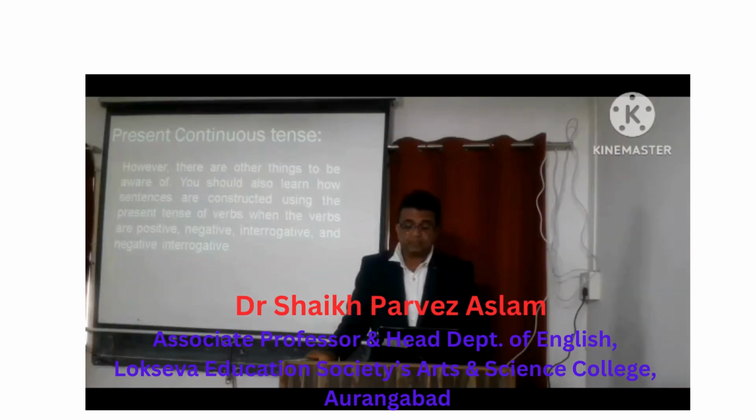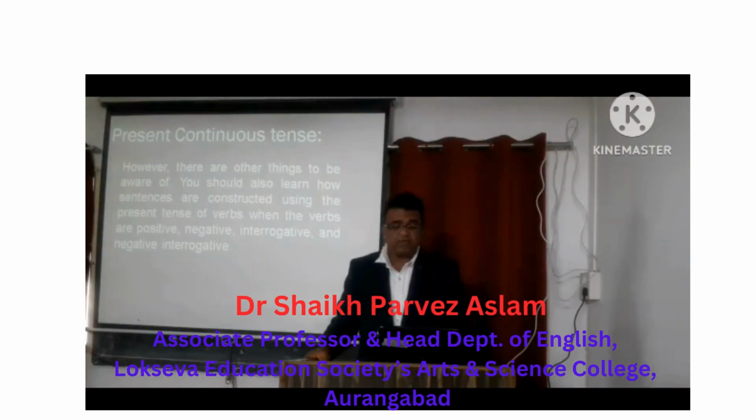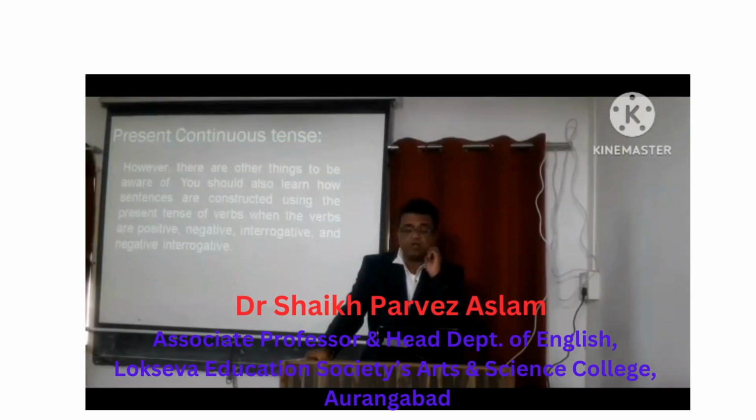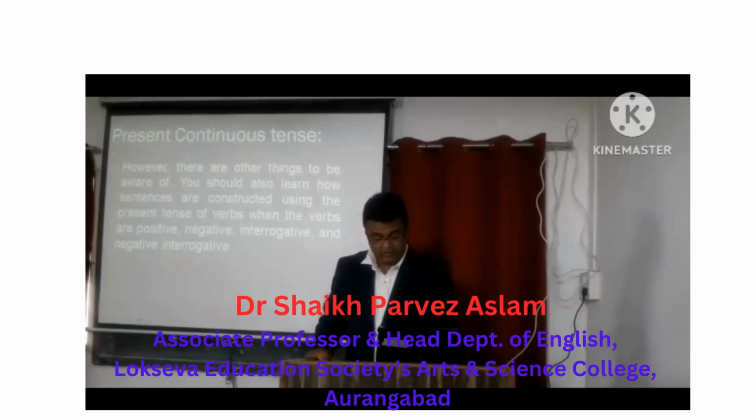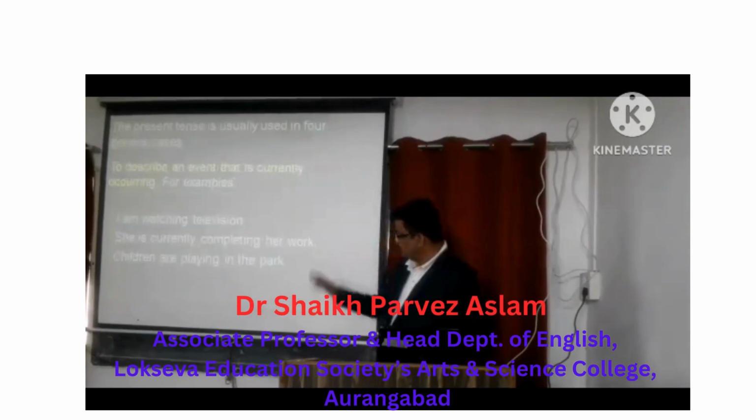Present continuous tense. However, there are other things to be aware of. You should also learn how sentences are constructed using the present tense of verbs when the sentences are positive, negative, interrogative and negative interrogative. So there are some patterns to discuss.